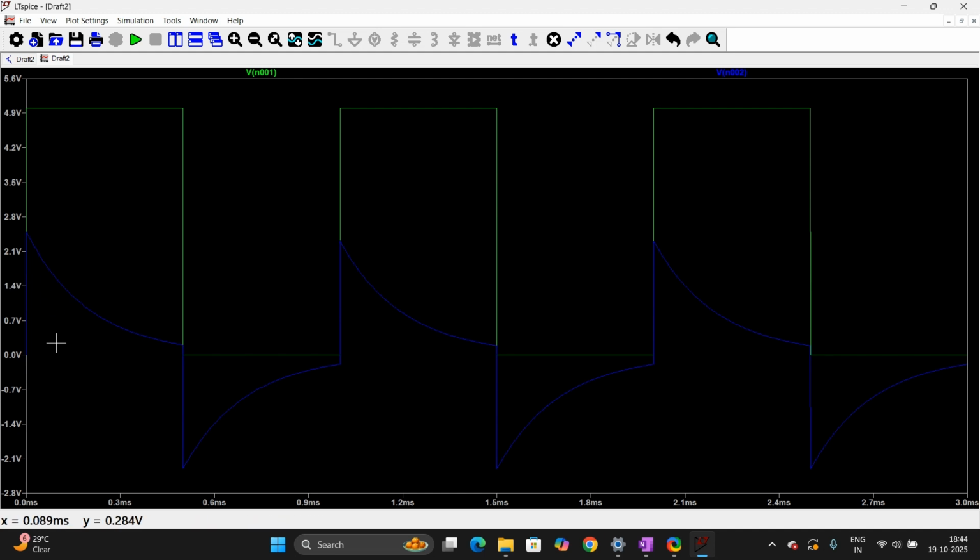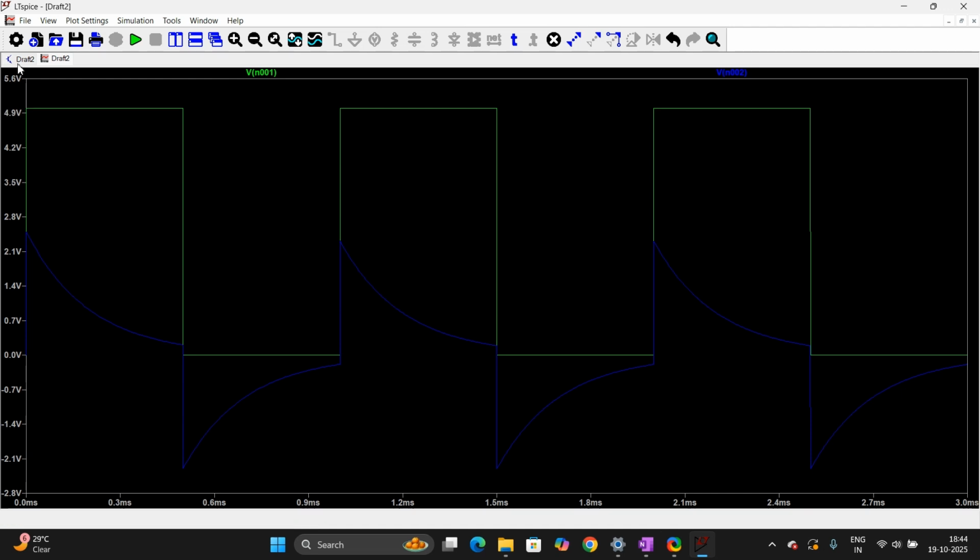at t equal to 0. Then it starts decreasing and attains nearly 0 volt, and then again it rises to minus 2.5 volt. Why is it not completely discharged? You are thinking, because it will just reach to this point. It depends upon the time constant.